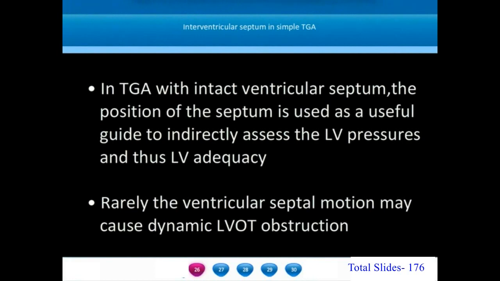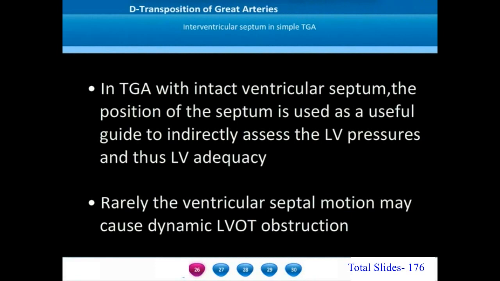This adequacy of left ventricle as decided by the left ventricular systolic pressure is very important in performance of arterial switch operation. If the left ventricular systolic pressure is very low, the left ventricular hypertrophy regresses and the left ventricular free wall gets thinned out. And such left ventricles will need retraining before an arterial switch operation.